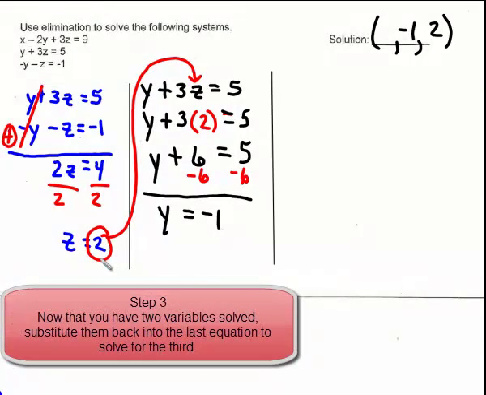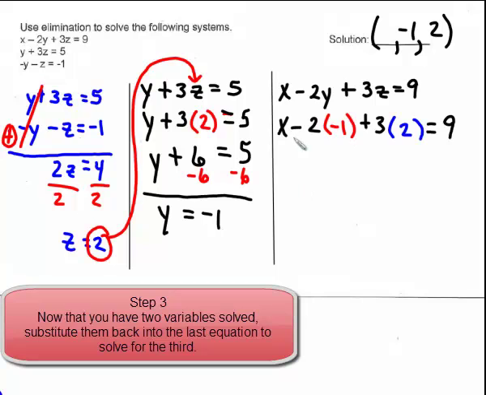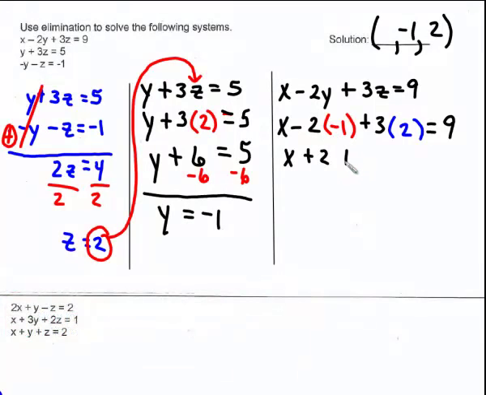Now that I know z and y, I can substitute these two variables into the top equation. Simplify. X, negative 2 times negative 1 is plus 2. Plus 3 times 2 is 6, is equal to 9. Combine like terms.